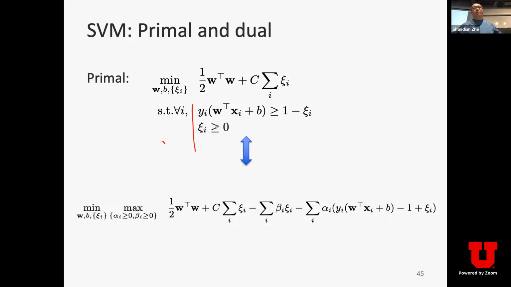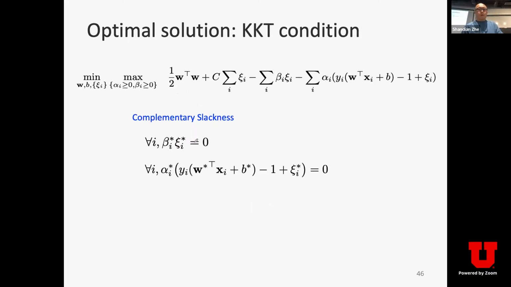The solution, namely the optimal model parameters and the Lagrange multipliers, will satisfy the KKT conditions. So then we're going to leverage these KKT conditions to infer the optimal bias value b. So which KKT condition are we going to use? We're going to use this complementary slackness.